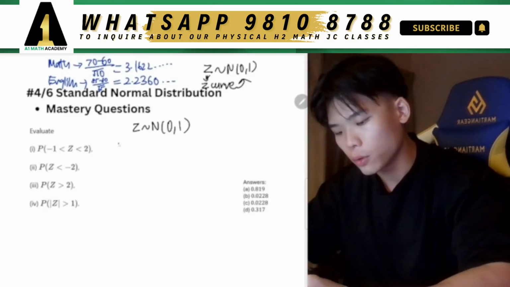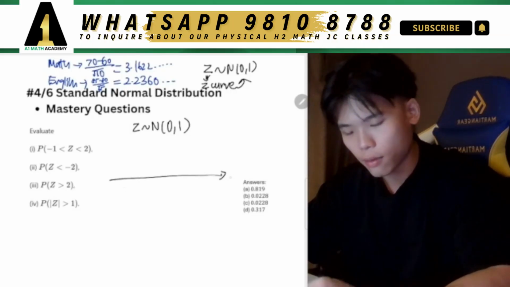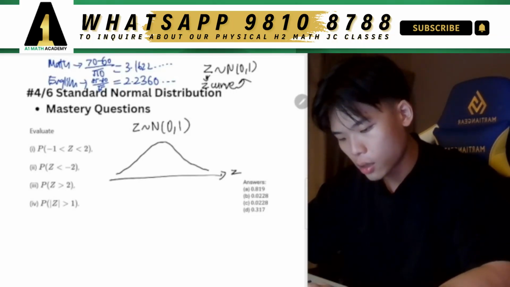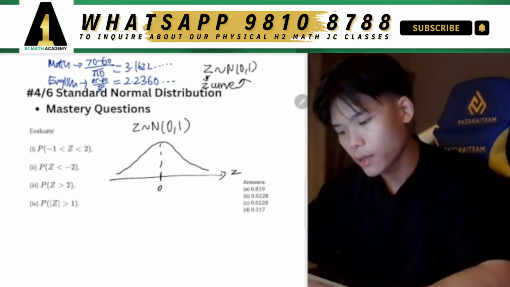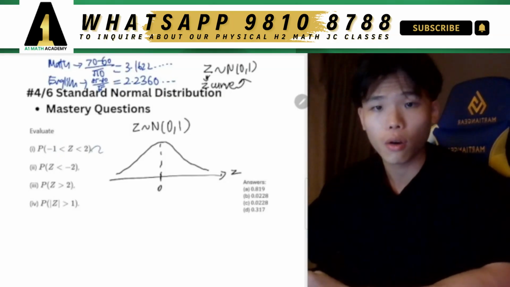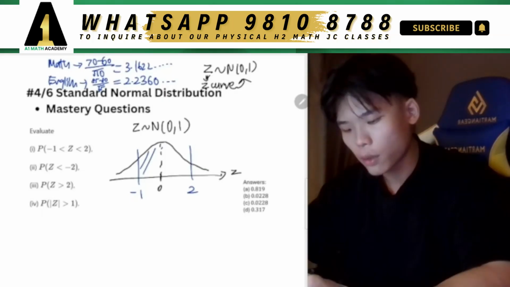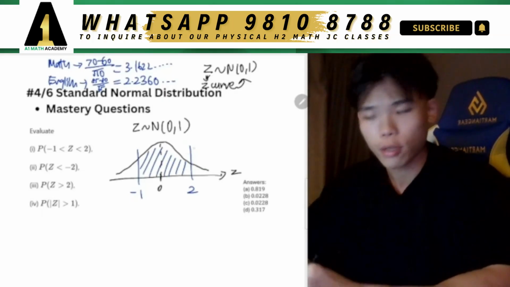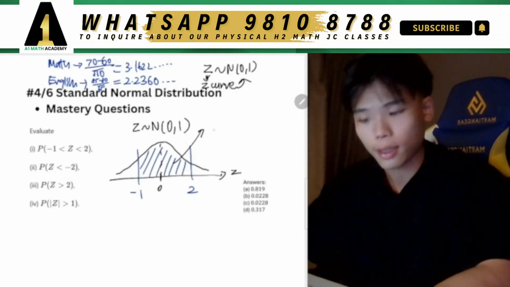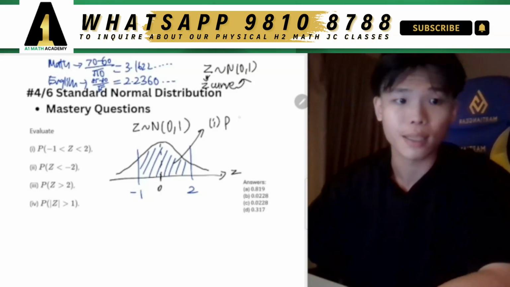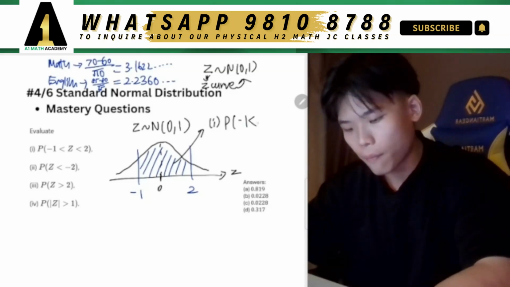So if we were to sketch out the graph, this is the Z value, and here is 0, right? And we're trying to find the probability of a Z value falling between -1 and 2. So effectively, we're just trying to find out what is the area underneath this graph. And that is represented by part I, which is essentially the probability, because the probability is the area under the graph between -1 and 2.